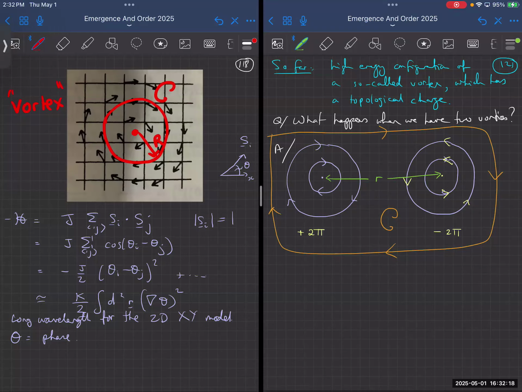We know that if I go around the vortex on the left, I get plus 2 pi. If I go around the vortex on the right, I get minus 2 pi. And you'll probably see what happens when I go around both of them. When I go around both of them, there is no net topological charge enclosed by the contour.